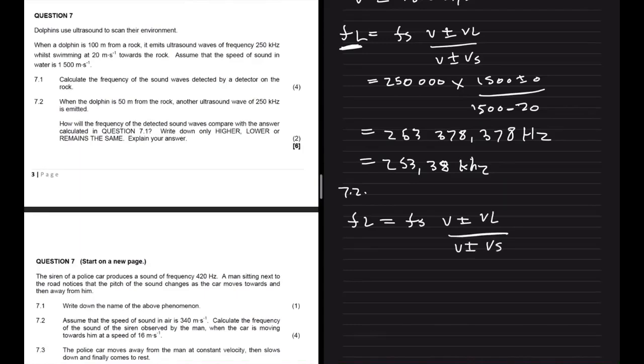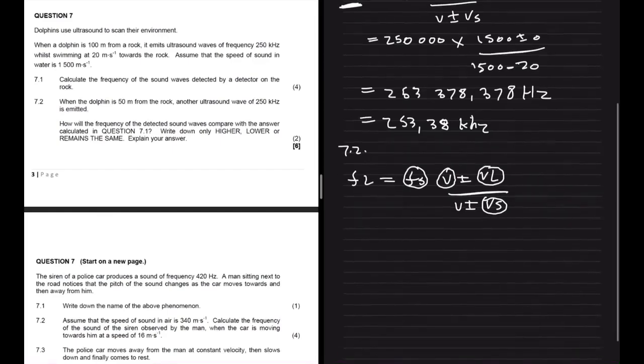What are the variables that affect the frequency detected? It's the frequency emitted, the velocity of the sound in that medium, the velocity of the listener, and the velocity of the sound source. The distance between the two has no effect as far as this formula is concerned. So now, because the distance between is no longer 100 meters and it's 50 meters, it won't matter.